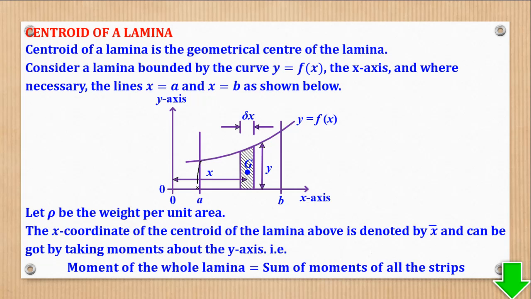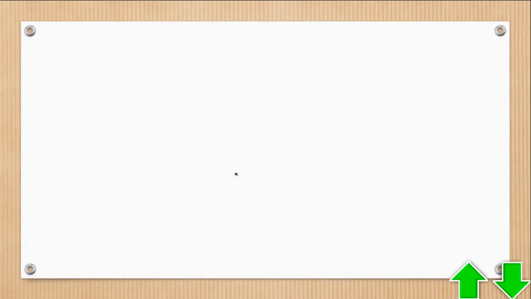So the moment of the whole lamina will be equal to the sum of moments of the small strips which divide that whole area. I think you remember this formula. We already used it under center of gravity of particles, where this is the total weight and this is the x-coordinate of the center of gravity of the whole lamina. Then these are the small weight for one strip and the x-coordinate of that strip, and then you sum up all of them.